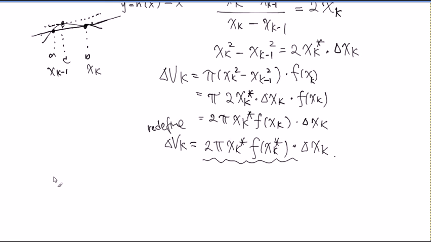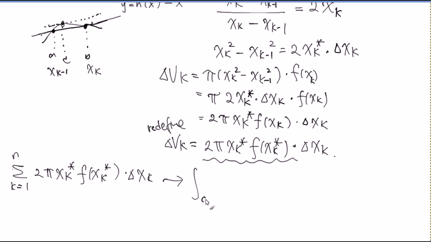So the entire volume, the Riemann sum, is the sum for k going from 1 through n of 2 pi x_k star f(x_k star) delta x_k. That is supposed to be very close to the volume of the original thing. If you now enter the integral, it goes like this: integral from a to b.